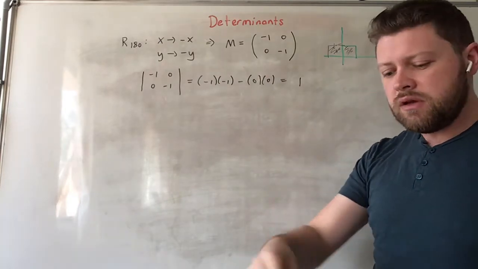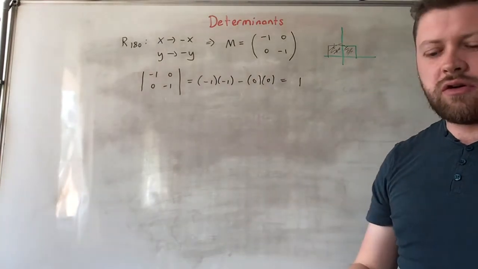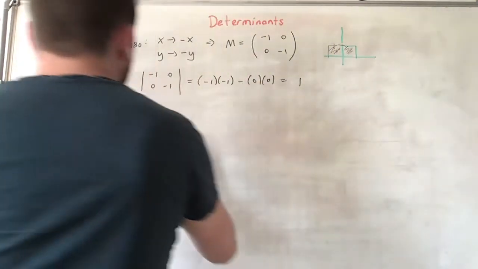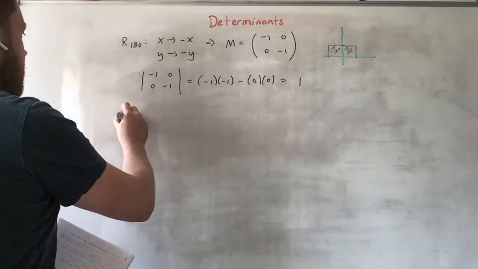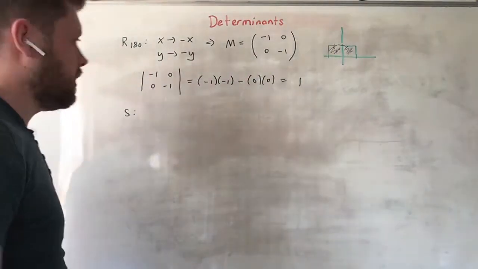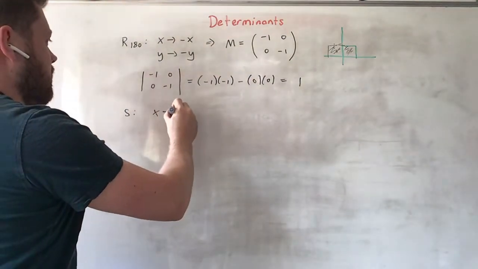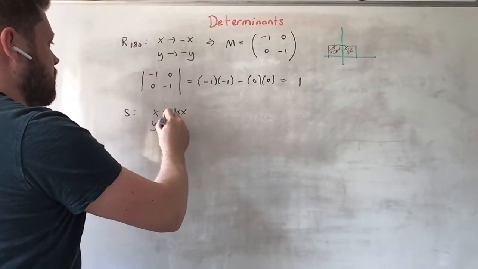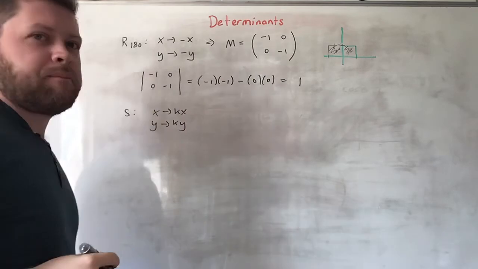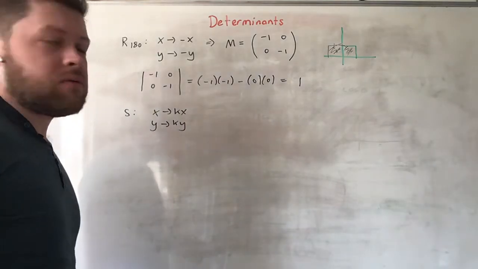Let's take a look at another matrix. There's the scaling transformation, that takes x to k times x and y to k times y. So you're scaling either up or down.